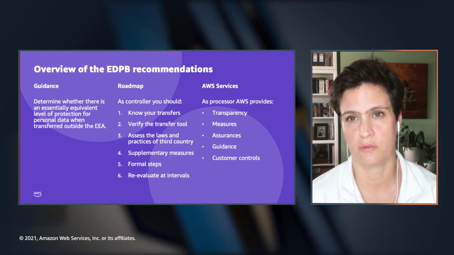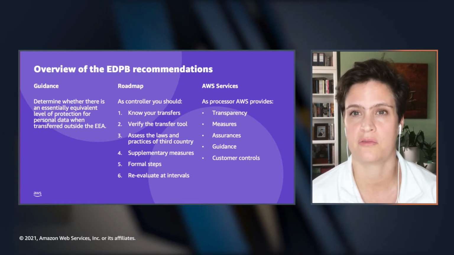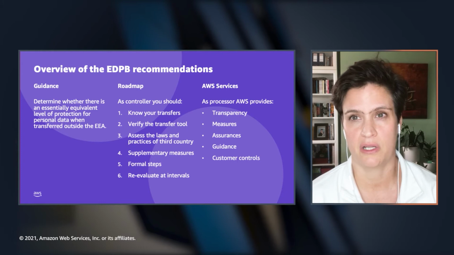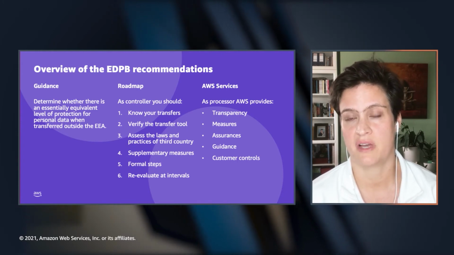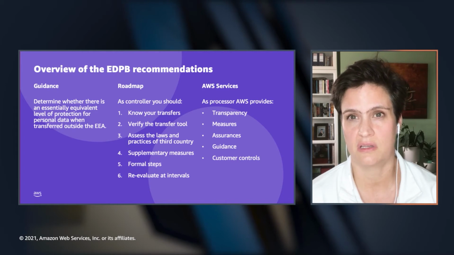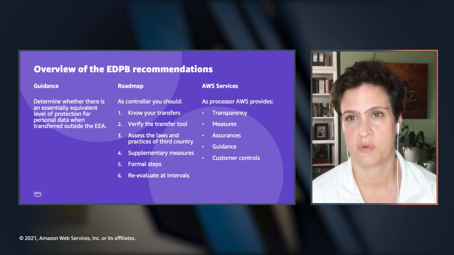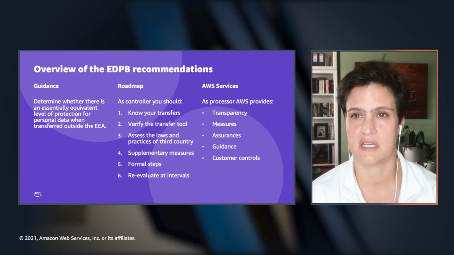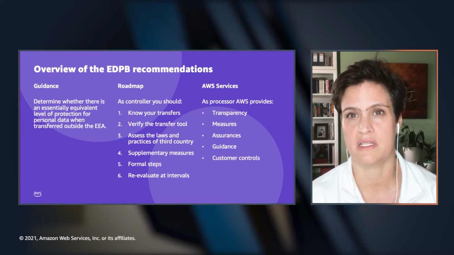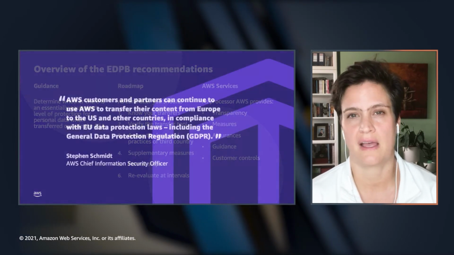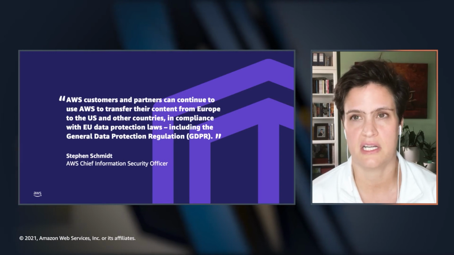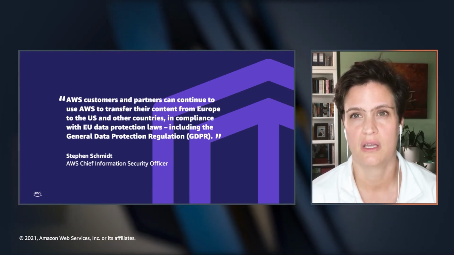And also reevaluate steps 1 through 5 at appropriate intervals. And then on the AWS side, as a processor, we provide transparency to assist with the roadmap of the transfer assessment. We also provide measures, assurance, guidance, and customer controls that can be implemented in order to address the supplementary measures.